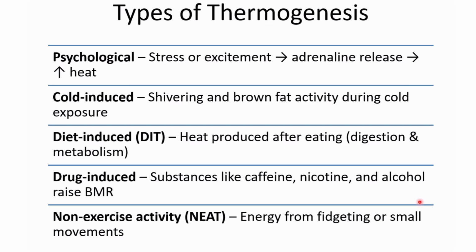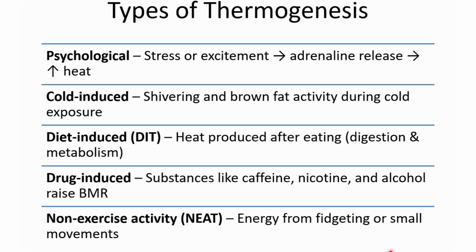Certain substances like caffeine, nicotine, and alcohol stimulate the nervous system, which increases metabolic rate and heat output. Non-exercise activity thermogenesis, or NEAT, occurs when small everyday movements like fidgeting, standing, or changing posture use energy and contribute to total heat production.